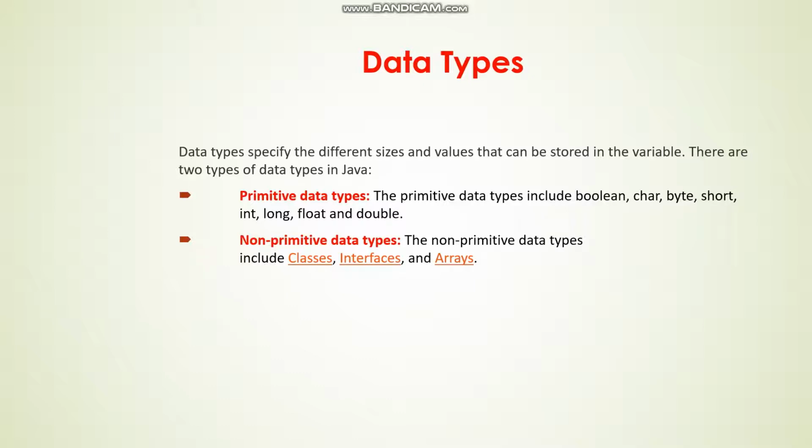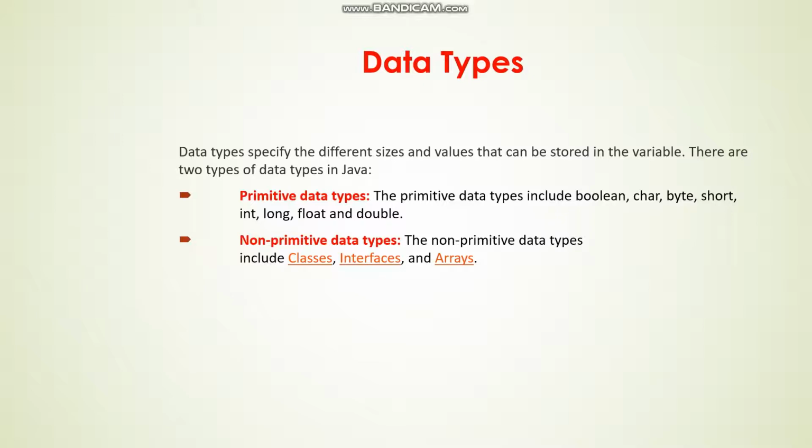Now, primitive data types. Java defines 8 types of primitive data types. That includes byte, short, int, long, char, float, double, and boolean. The primitive data types are also commonly referred to as simple types.